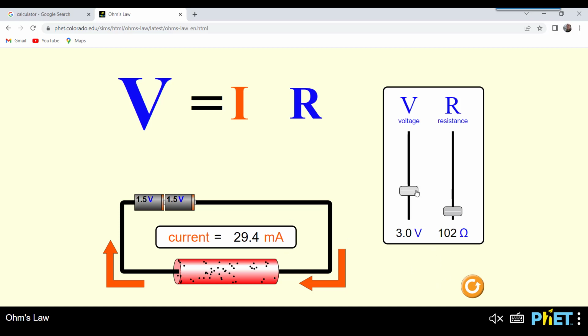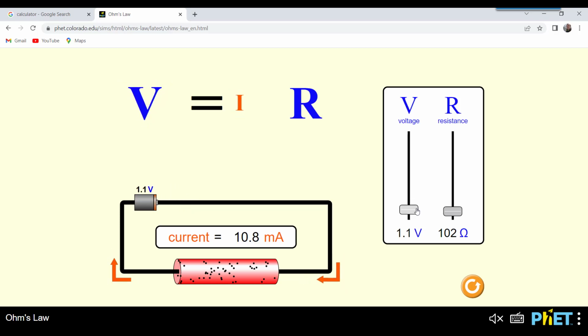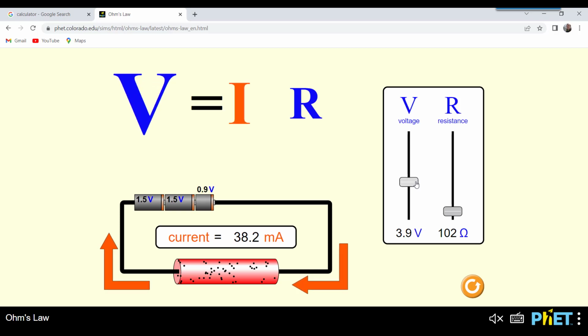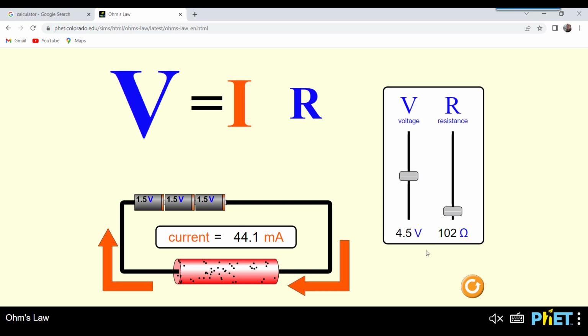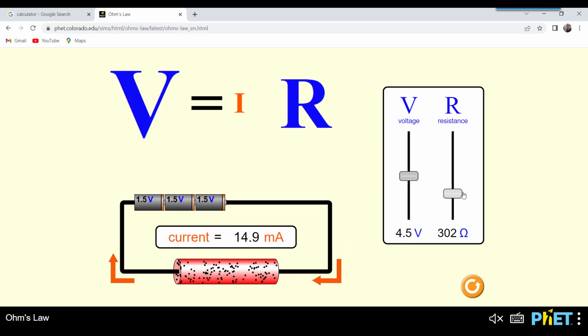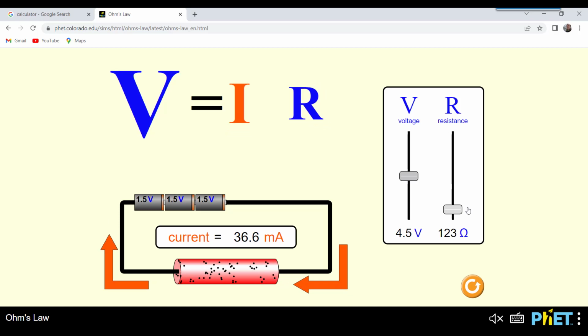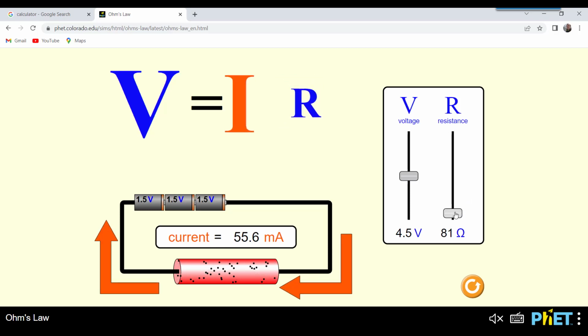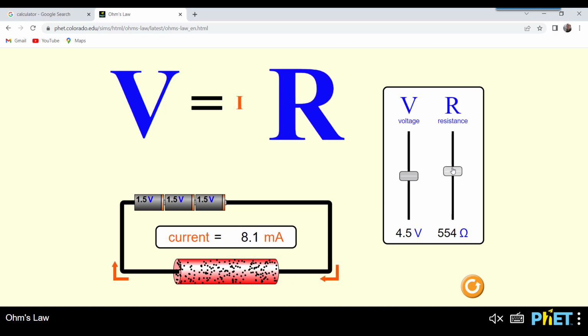But I just want to show you the difference here. When we start moving these around, we can see how it moves, right? We have 4.5 volts, and if I move our resistance up and down, you can see the relationship, how these all play together.